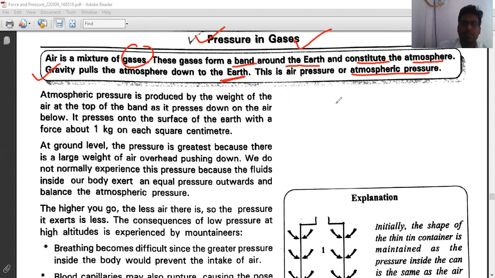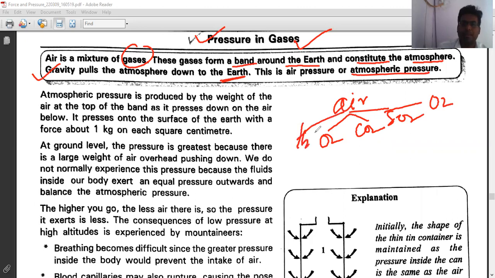So suppose in air many types of gases are there, right? Oxygen, CO2, SO2, H2O. So these are many different types of gases found in the atmosphere, right? So that air, when it is closed in a container, will exert pressure on the wall of the container.